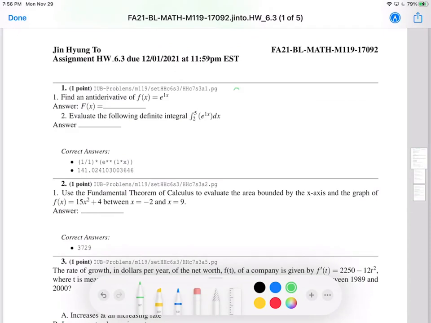The integral of e to the x dx is equal to e to the x plus c. So an antiderivative is e to the x.